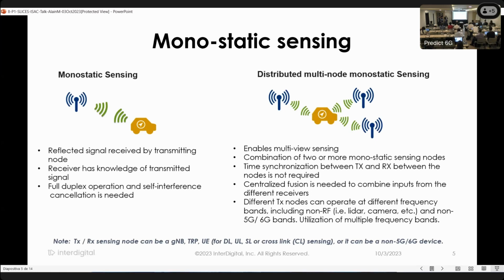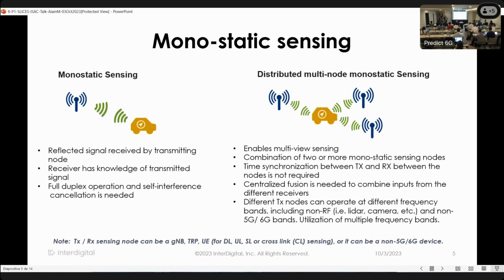And then of course you can imagine multiple nodes in monostatic mode, distributed, and they collaborate together to do that sensing task coordinately and jointly. What's interesting here is that because the transmitter and the receiver are the same device, there is no issue or challenge around time synchronicity, as it is given by default.